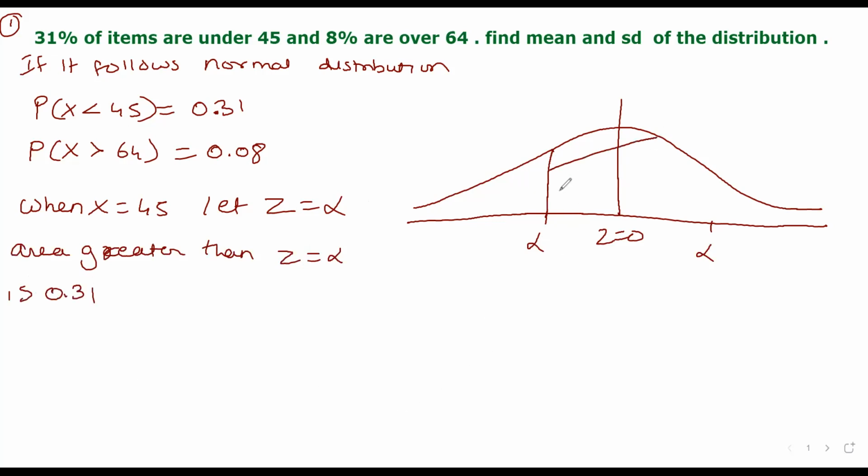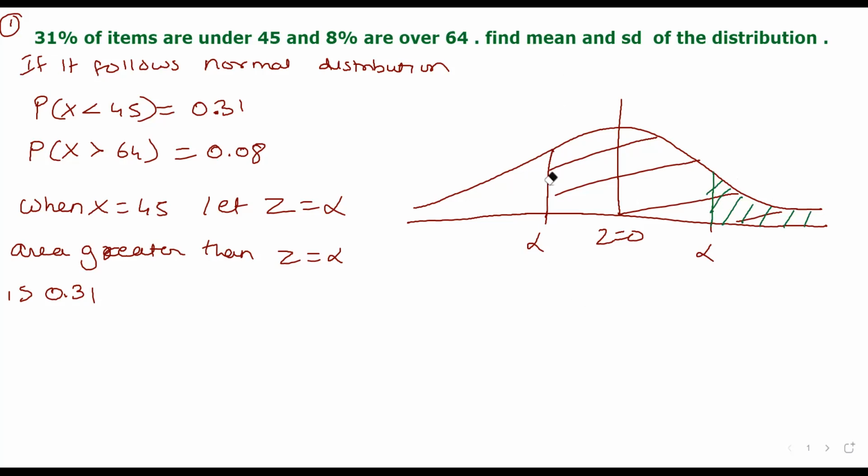तो क्या ये एरिया 0.31 हो सकती है? नहीं, क्योंकि ये तो 0.5 से भी बड़ी एरिया है, तो ये तो नहीं हो सकता है. लेकिन अगर मैंने अल्फा को इधर कंसिडर किया तो क्या ये एरिया 0.31 हो सकती है? Yes.